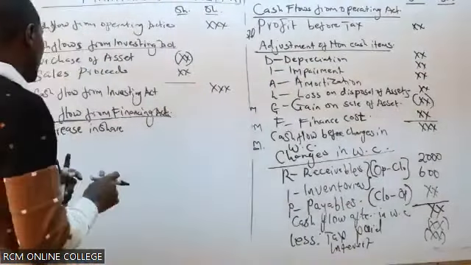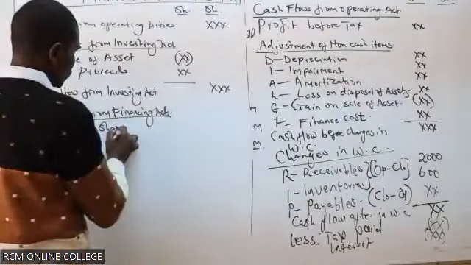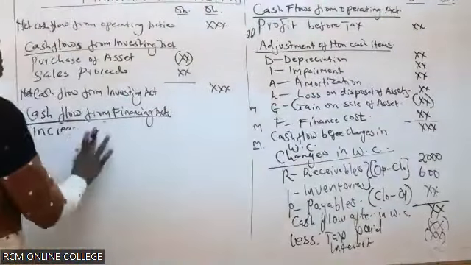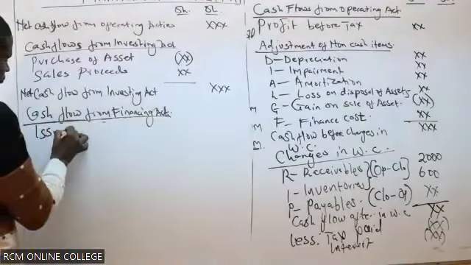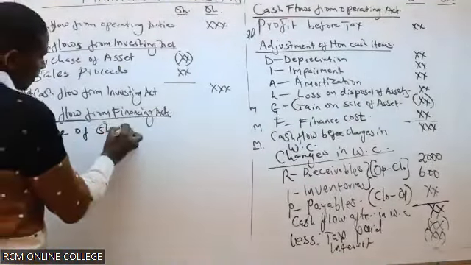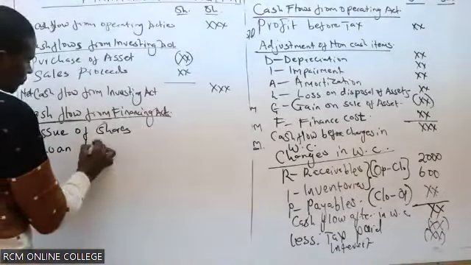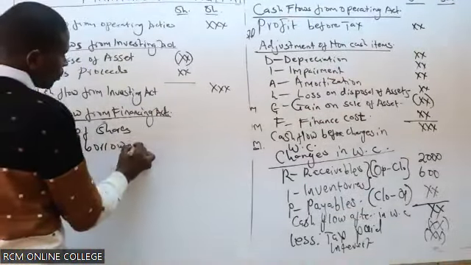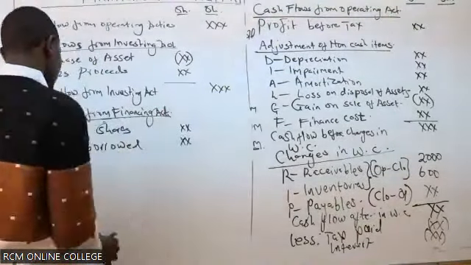Good. Increase in share or issue of share. Let me just go with the issue of share. Loan borrowed. So when we issue shares, our cash increases. When we take a loan, it increases.